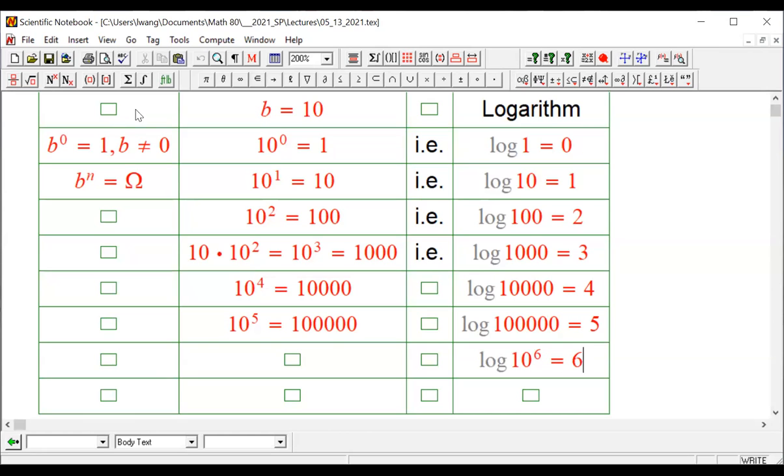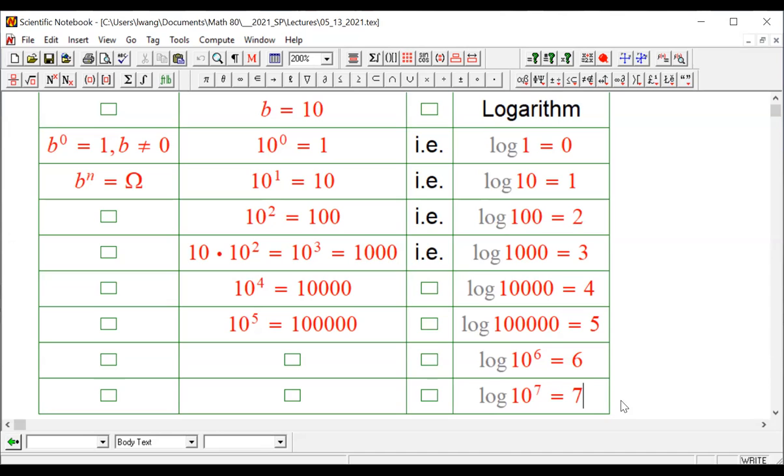Richter scale of 6 is very strong, 10 times stronger than a Richter scale of 5. Now, log base 10 to the power 7, which equals 7. The Richter scale of 7 is 10 times stronger than a Richter scale of 6.